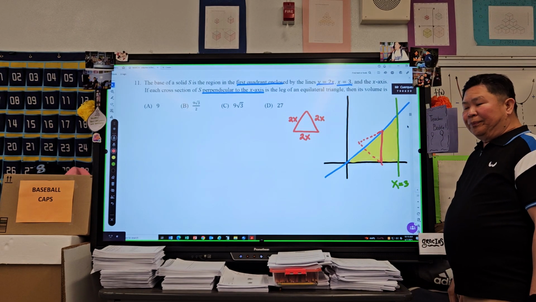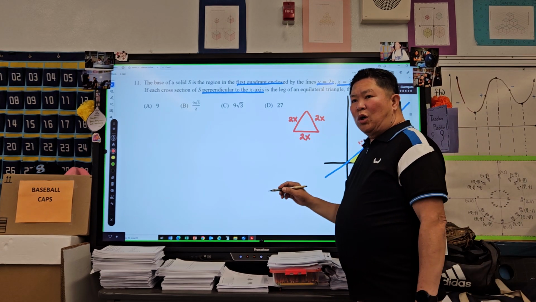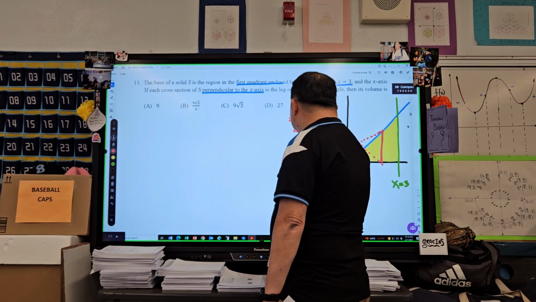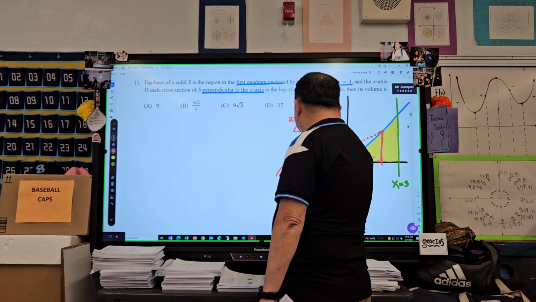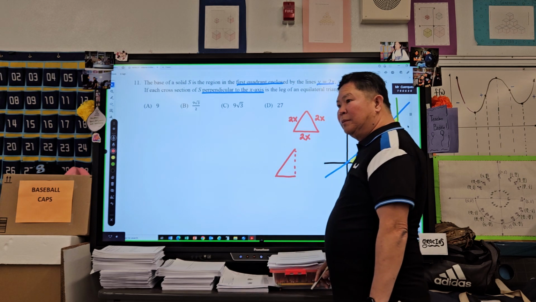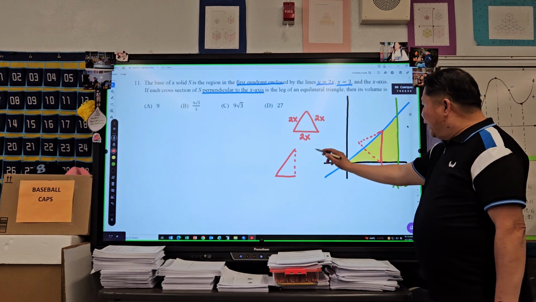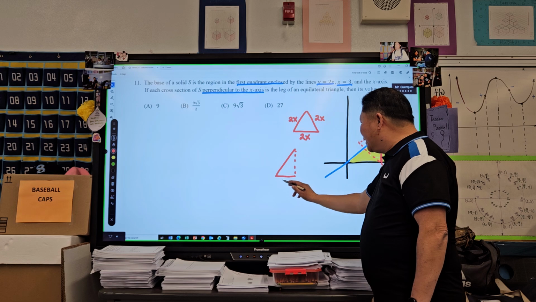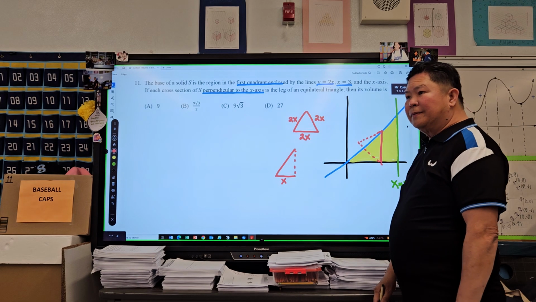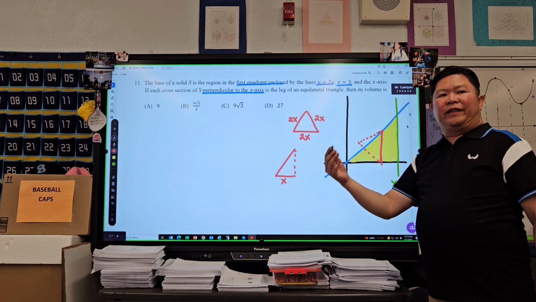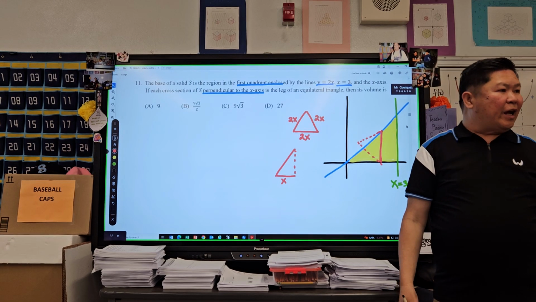Now, I'm going to draw another triangle for you to understand, but this time, I'll just take half of it. If this base is 2x, that means this is only x. Do you get me? Now, what is 30, 60, 90? Special type of right triangle.